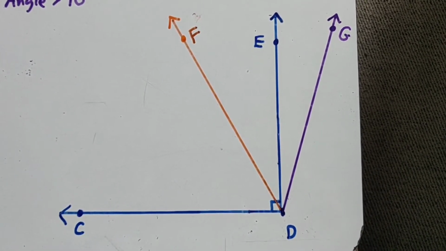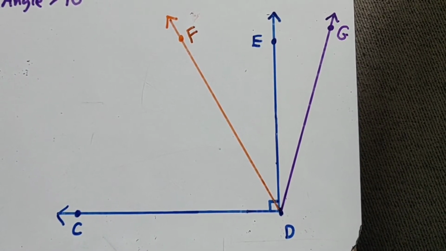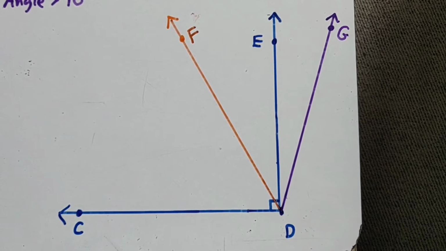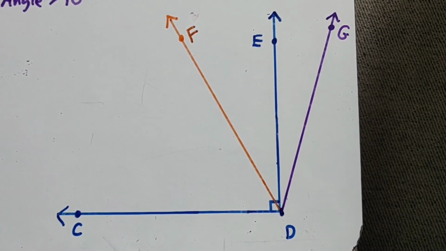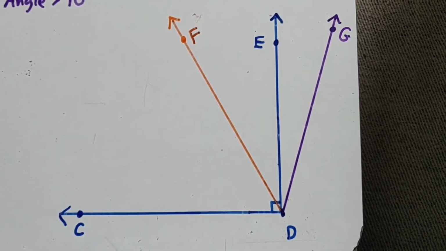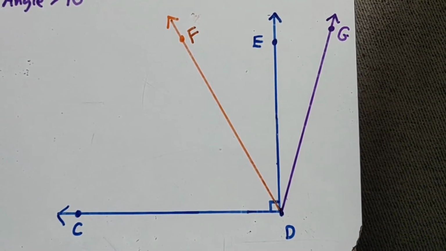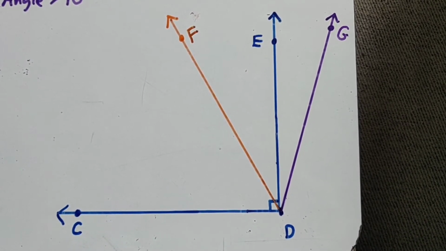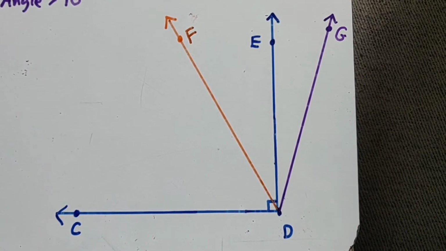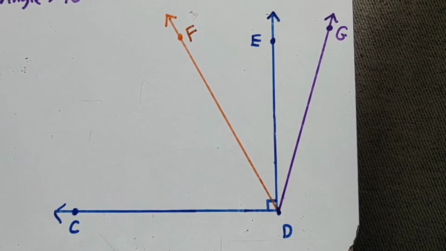And we know that because if angle CDE is a right angle, and then you can see that angle CDF, there's less turn in that angle. So when we measure with the protractor, we'll find that that is an acute angle. It's less than 90 degrees because angle CDE equals 90 degrees and is a right angle. So angle CDF is an acute angle. It's less than 90 degrees.